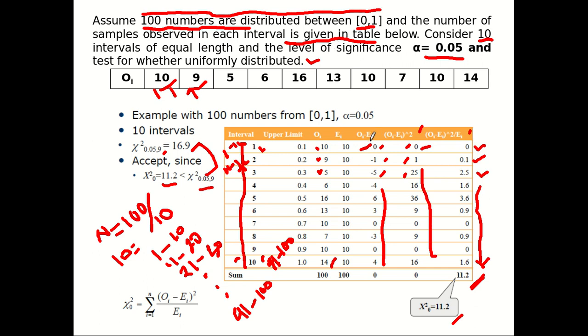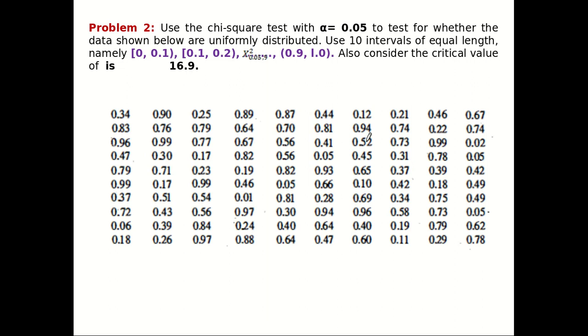Yes. Next, let us consider one more example. Use the chi-square test with alpha equal to 0.05. Test whether the data shown below, these random numbers, are uniformly distributed between 0 to 1 or not. All these random numbers are between 0 to 1.